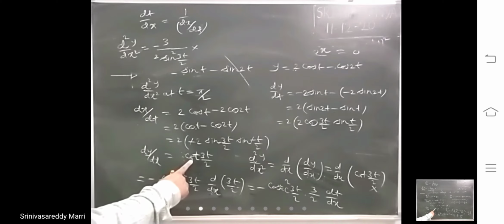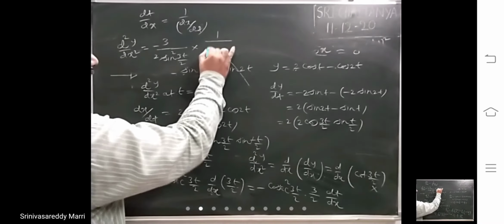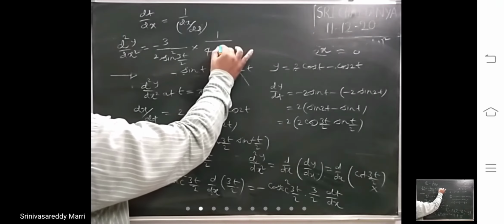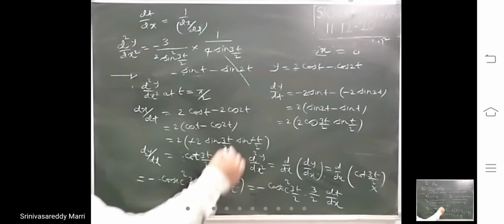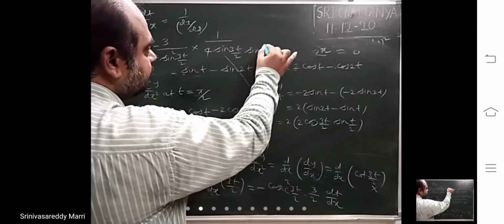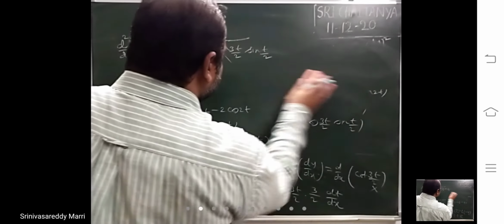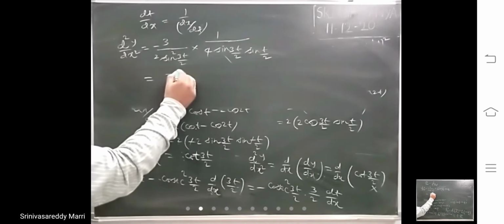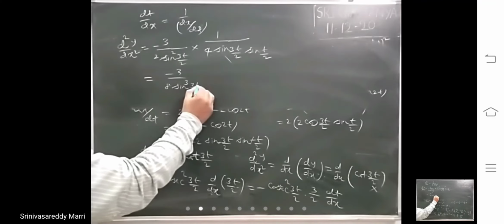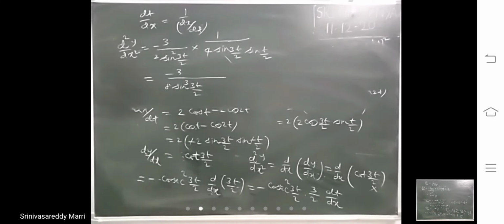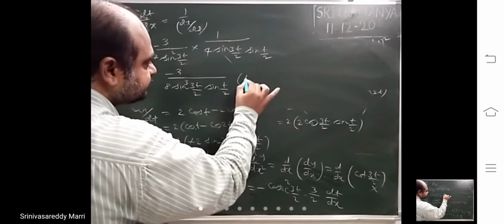Dx by dt is nothing but this, 4 sine 3t by 2 sine t by 2. That means what is your final answer? Minus 3 by 8 sine cube 3t by 2 into sine t by 2.